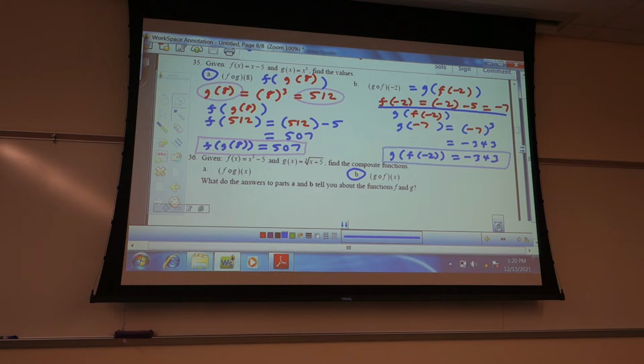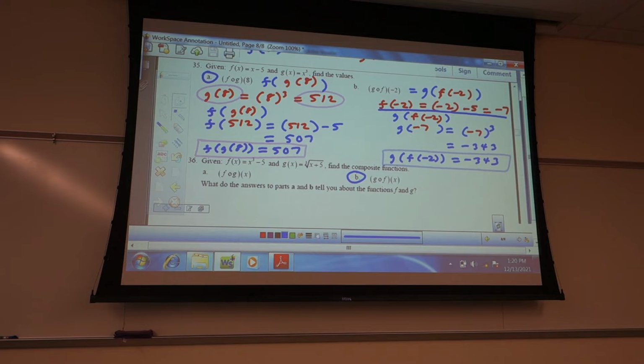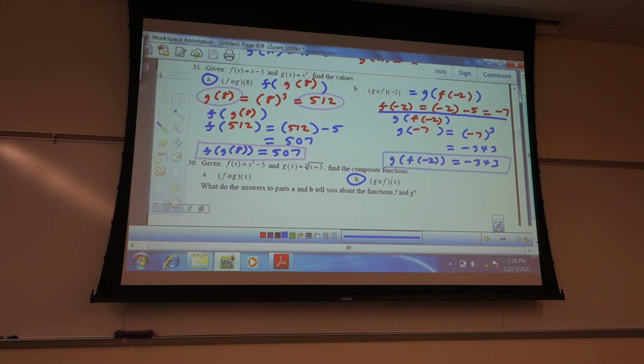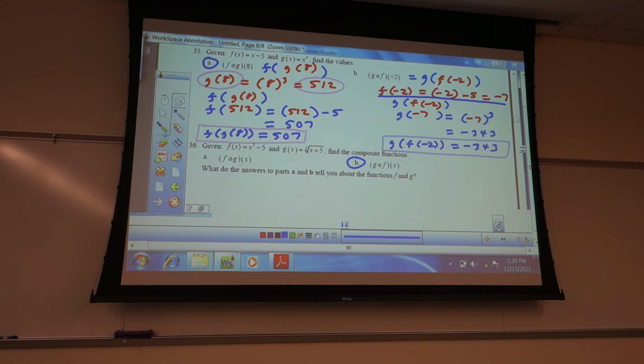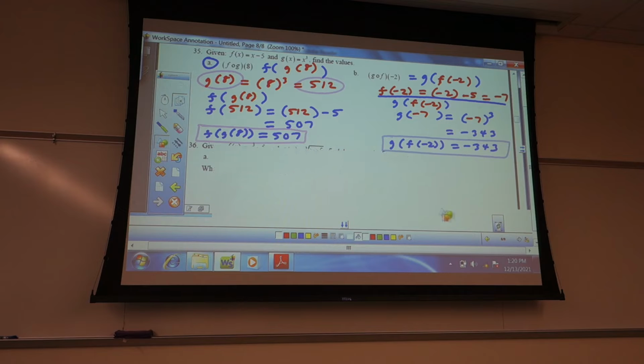Or you know what, I'll do this. Do you want me to do an example? Yes or no? Okay. So I'll do, from above, from this one, I'll do f of g of x from 35.